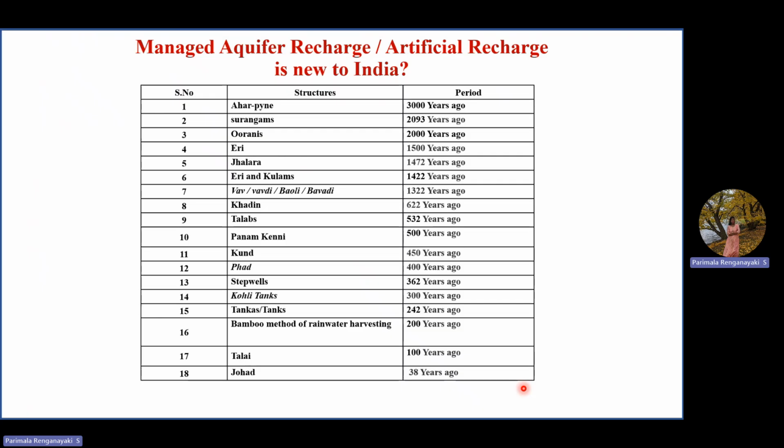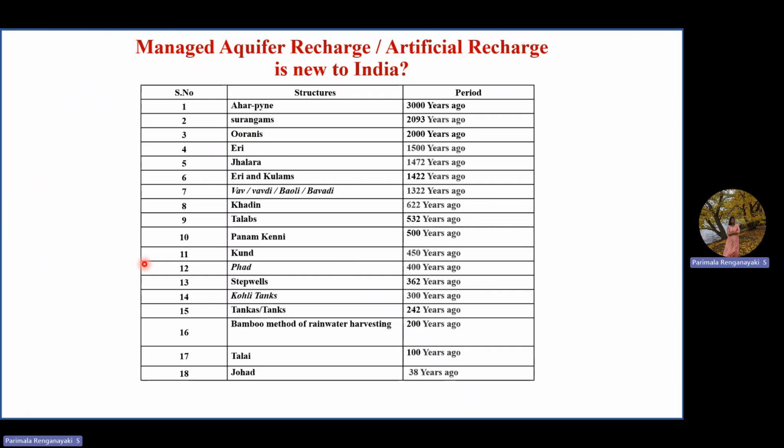Then if you see, from 3,000 years ago to 35 years ago, a number of studies were also carried out in India on what kind of recharge structures, olden-type recharge structures, had been built. Every king was trying to develop more water conservation structures in India, even before the improvement or higher level of population growth in this country.